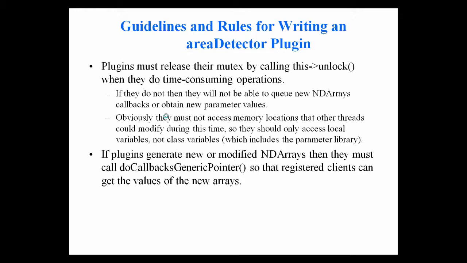But that's usually not too difficult. You get the stuff you need out of the parameter library with the lock held, then you release the lock, then you do your computationally intensive stuff, and then when you're about to put stuff back into the parameter library, you take the lock again. So the lock is only held briefly. And then, obviously, if plugins generate new or modified arrays, they have to do callbacks with the generic pointer so that all the other plugins that are in the chain with them get the values of the new arrays.